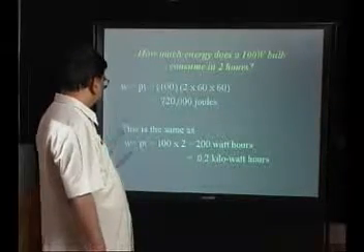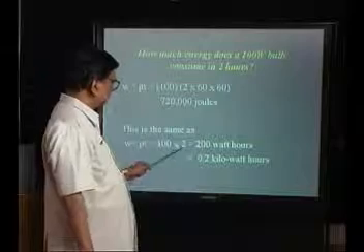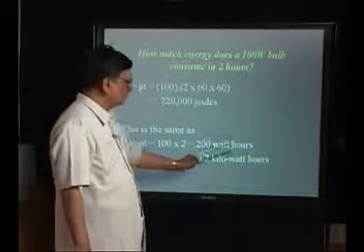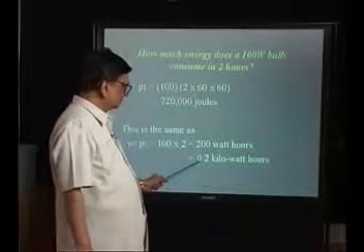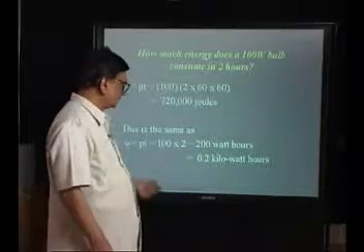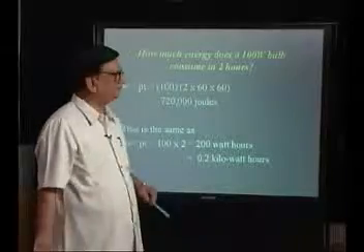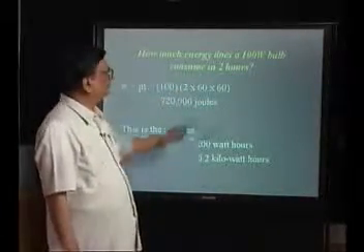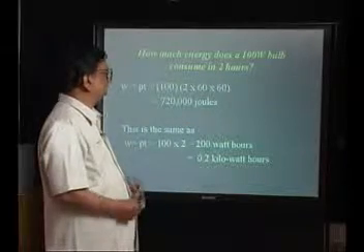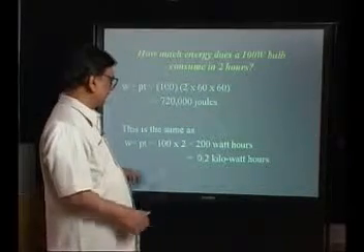Again, the formula is the same, 100 into 2 hours, it will be 200 watt hours. So, this divided by 1000 will give us 0.2 kilowatt hours or simply 0.2 units. So, if you have a bulb of 100 watts and if you make it glow for 2 hours, the consumption of energy is 0.2 units.